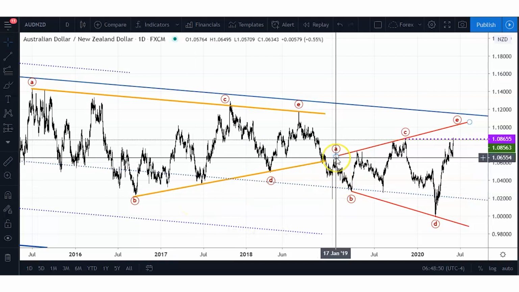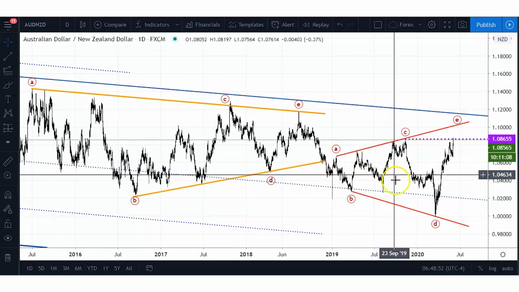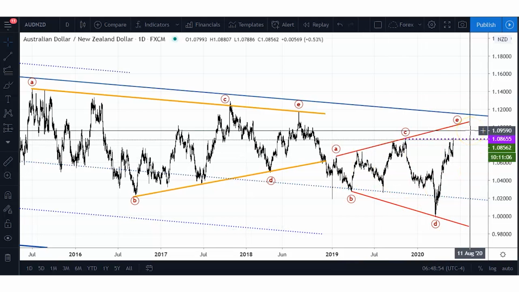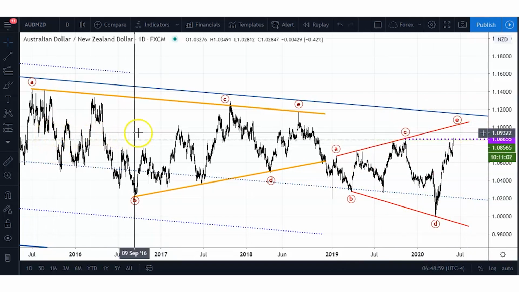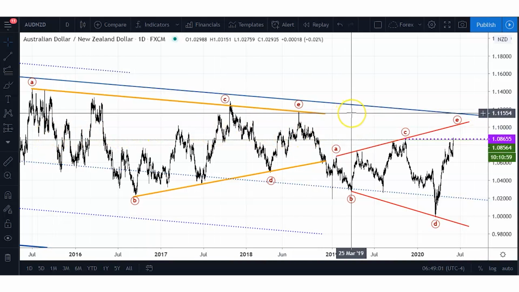Because it is in this case expanding towards an end before a trend change, rather than contracting towards an end like our normal triangle patterns, symmetrical, ascending or descending, depending on which direction you're trading.